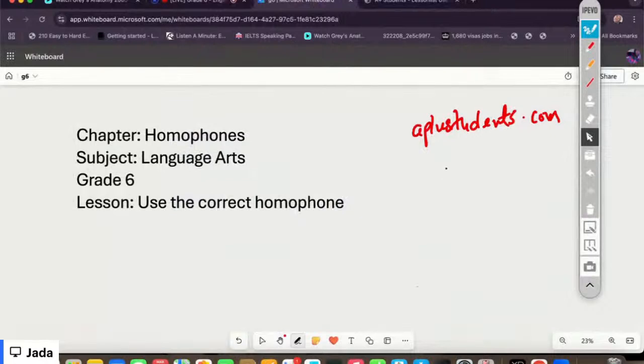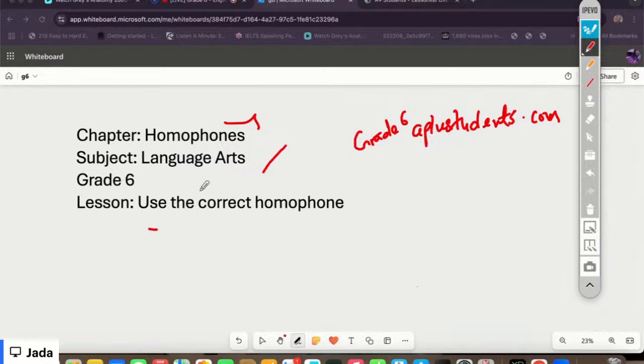So you'll click on your name and you'll move on to Language Arts, Grade 6. All right, and the chapter is homophones. The lesson is Use the Correct Homophone.